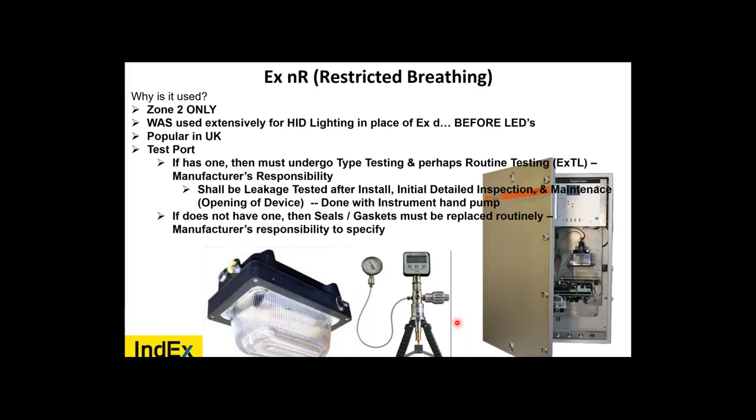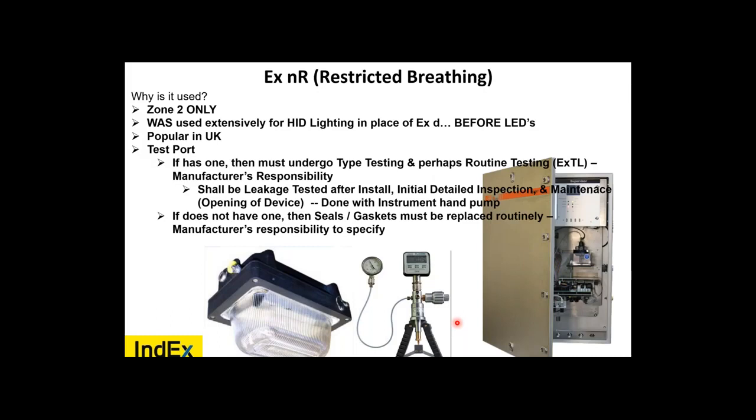It shall be leakage tested after initial installation and at initial detailed inspection. So basically, after you've installed it and you're doing the initial detailed inspection, you do an under pressure or over pressure leakage test. And after each time you do maintenance, every single time you open the device, you must do that test.